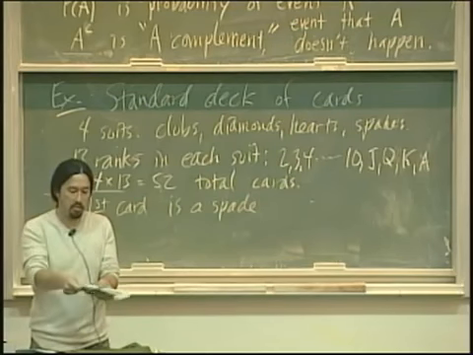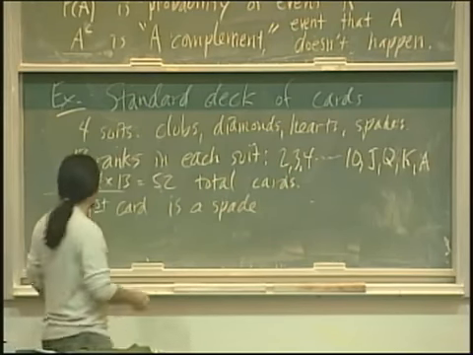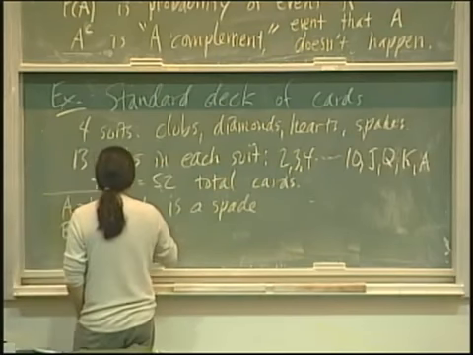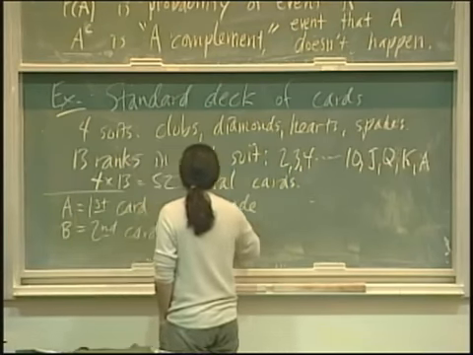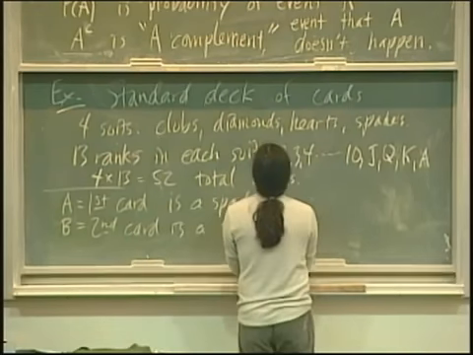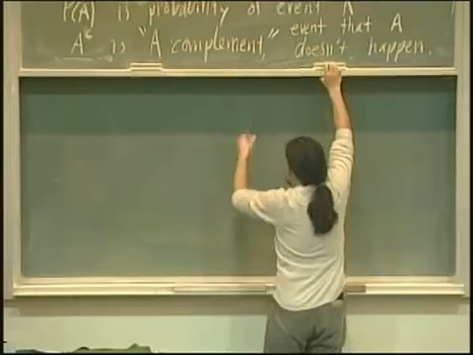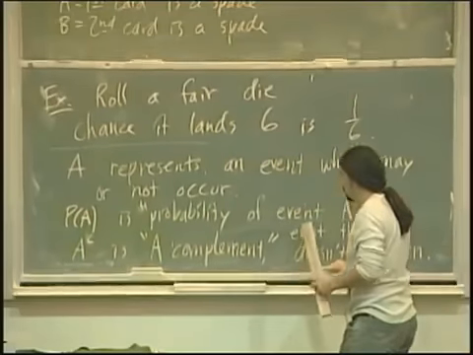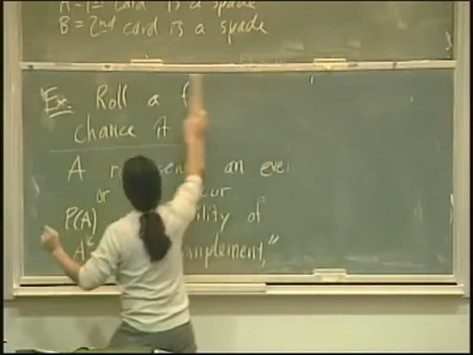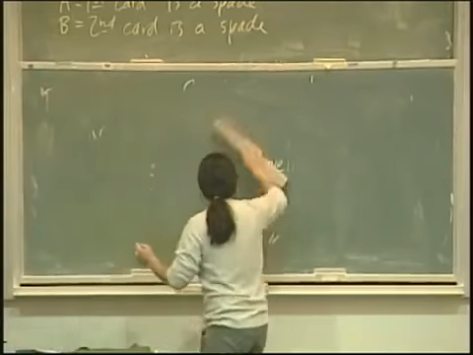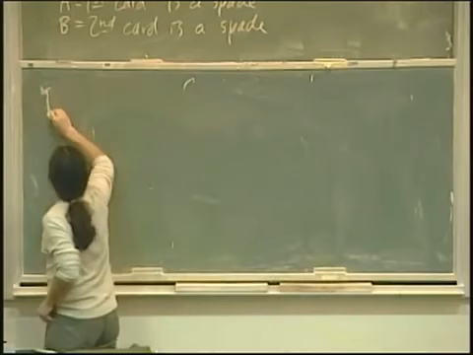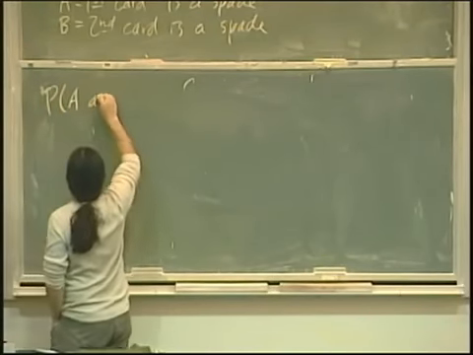I want to find the chance the first one's a spade and the second one's a spade. So probability of A and B.